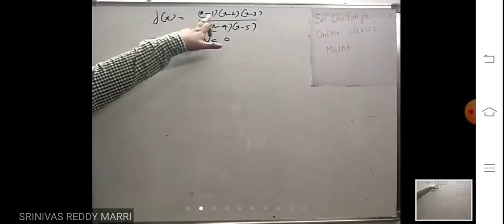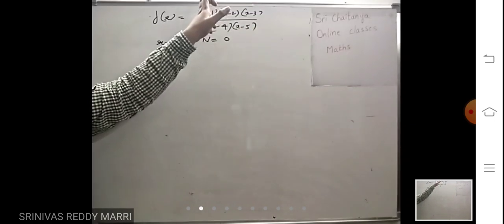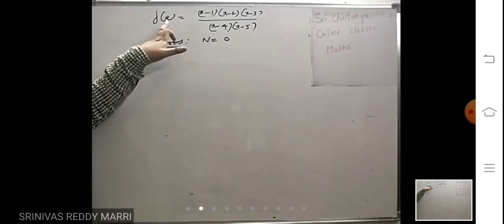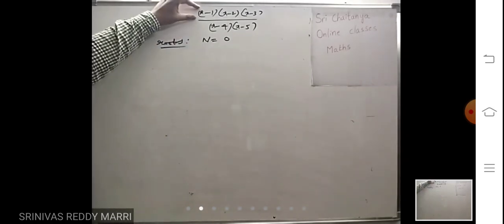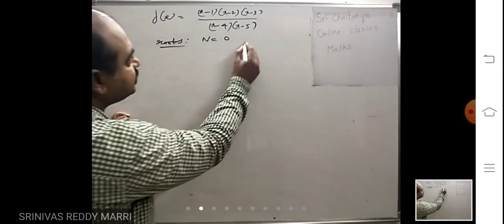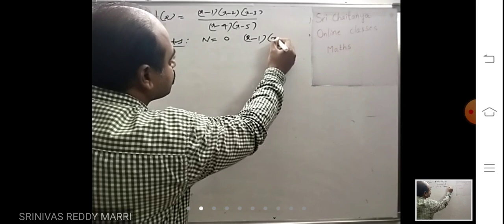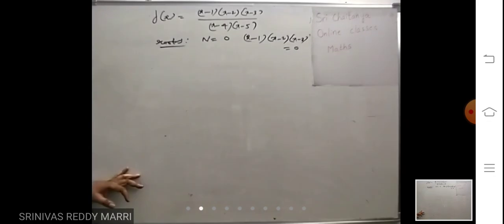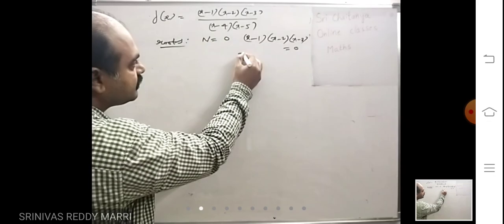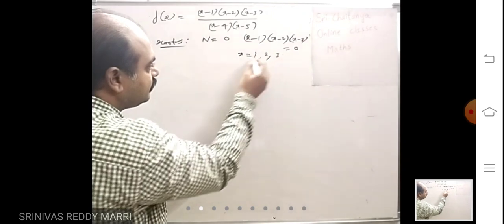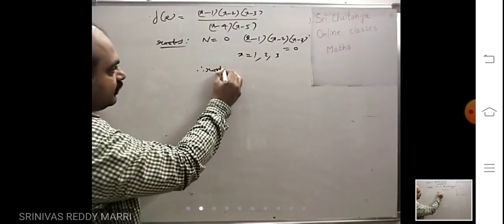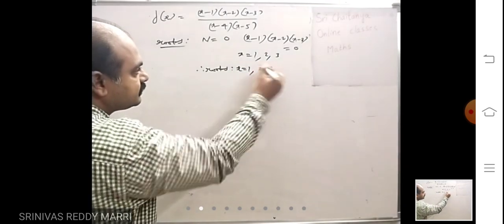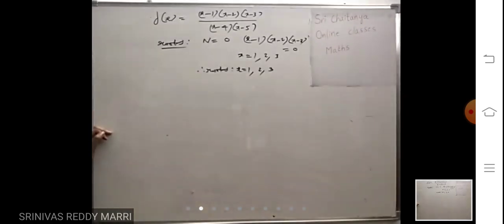To calculate roots, just equate the numerator equal to 0. Numerator equal to 0 means what are the values? What are the values you will get? So these are called roots.